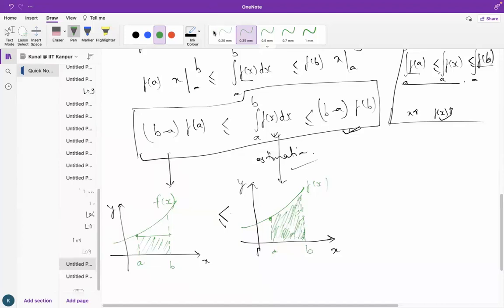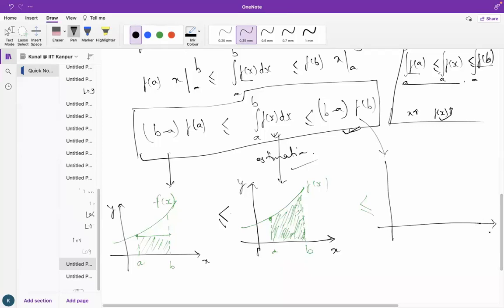But what I'm doing here is just integrating. We are first taking the lower one. So if we integrate f of A with dx, it will look something like this, and we have to calculate actually this area. Now, it is greater than or equal to. Now let me draw this area.